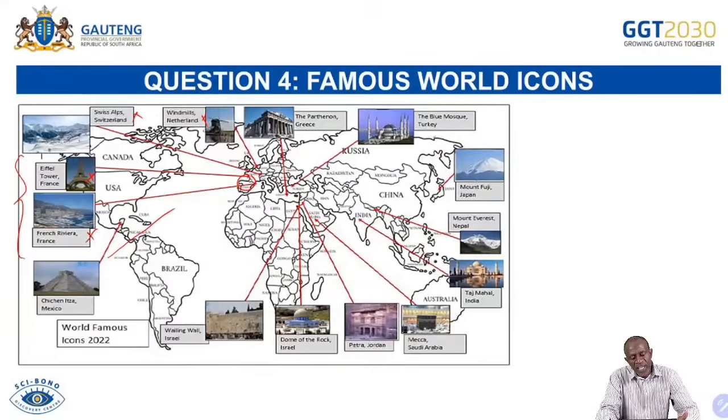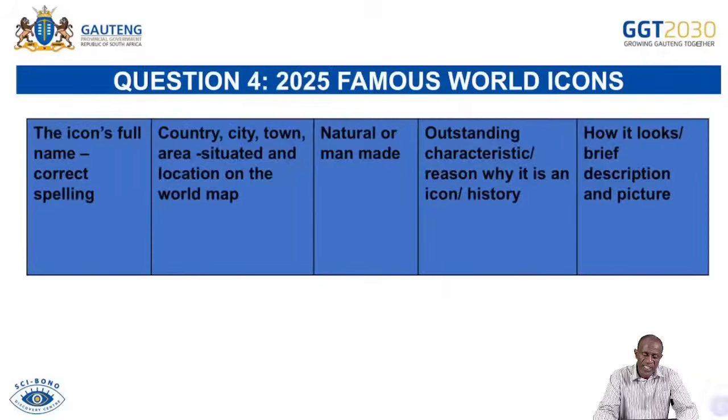So most of the icons are situated in Europe and Asia. Those are the 2 major continents that you must look into, and please make it a point that you know the country in which the icon is situated.